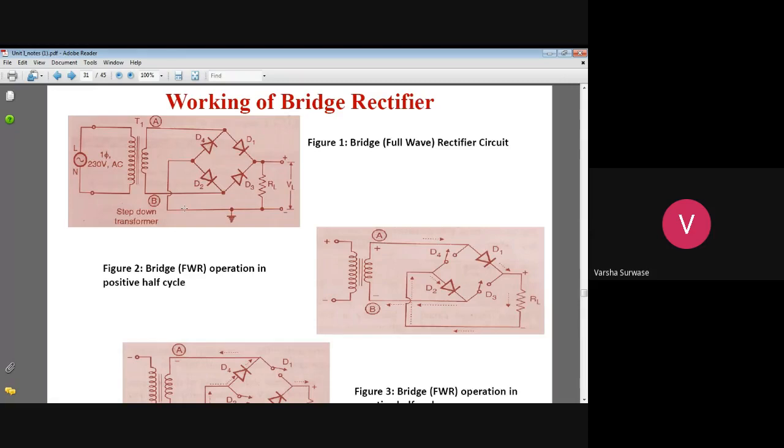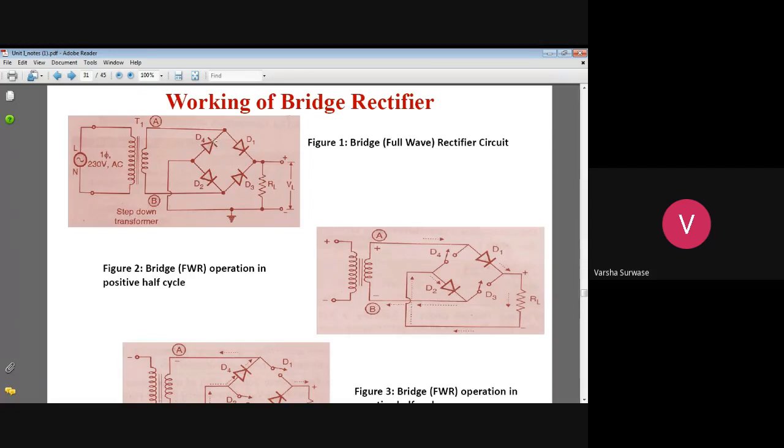So you can adjust this bridge type of structure. Now here you can see diodes D1 and D2 having the same direction, and diodes D3 and D4 having the same direction.